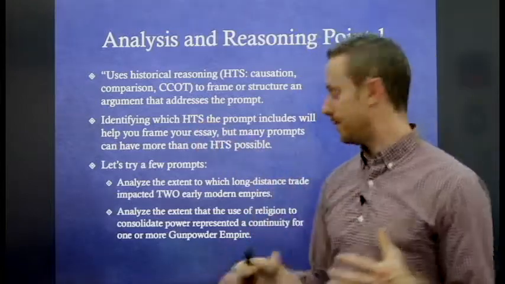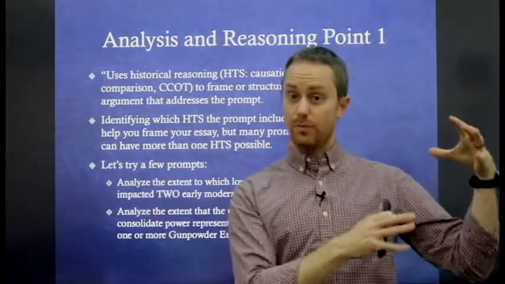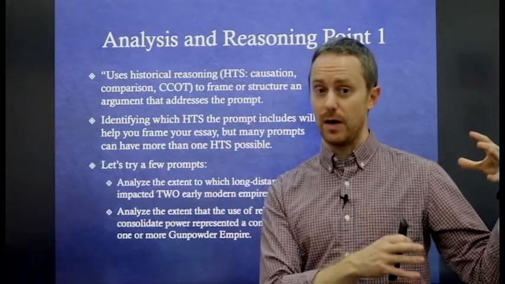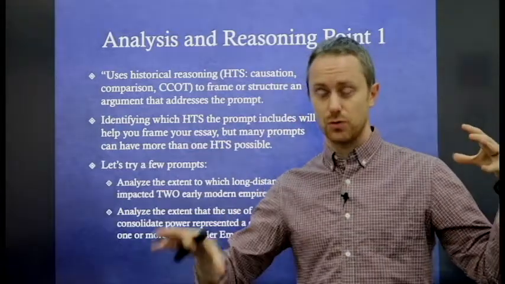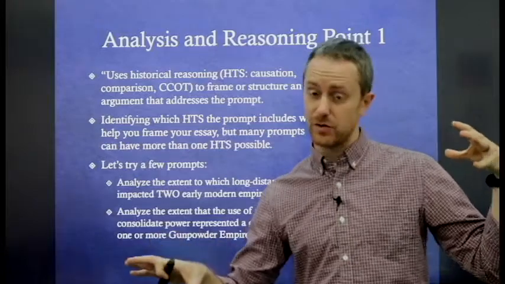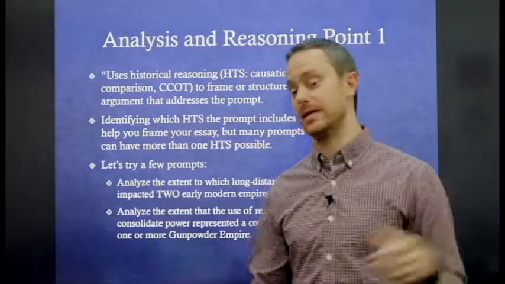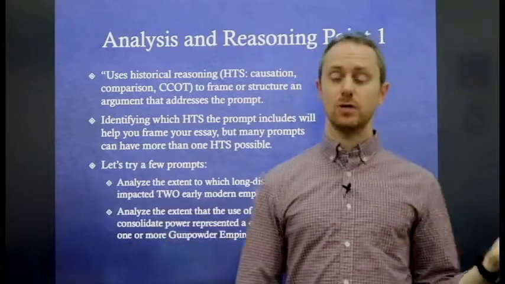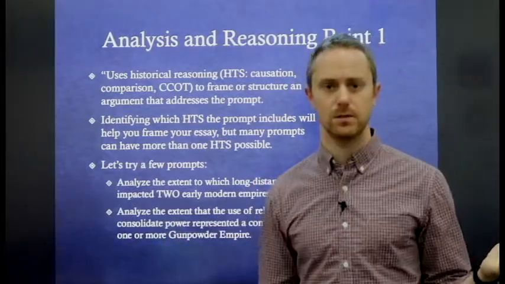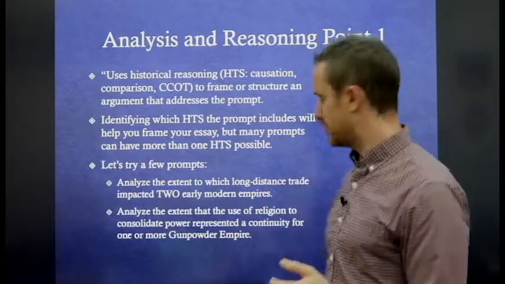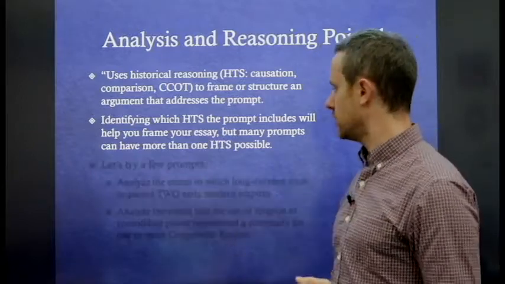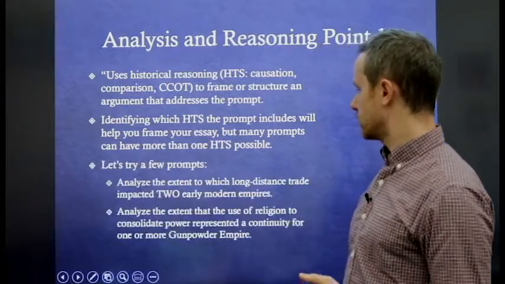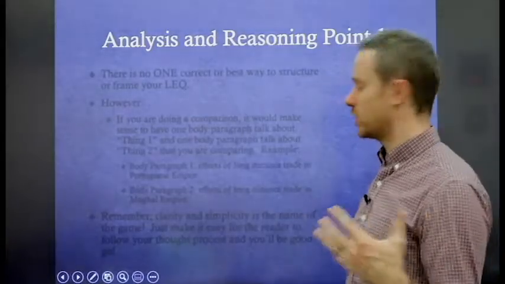And I'm going to talk about how things were before this gunpowder empire did that, and how things were while and after the gunpowder empire that I'm talking about did that. Remember, it says one gunpowder empire, so let's just talk about the Ottomans. Done. Did it represent a continuity in the use of religion? Absolutely. Okay? So that's how we do it. We just structure the argument that way.